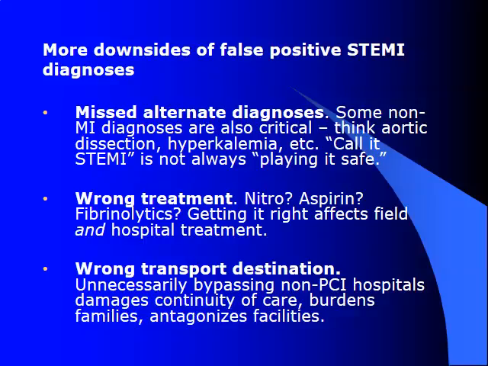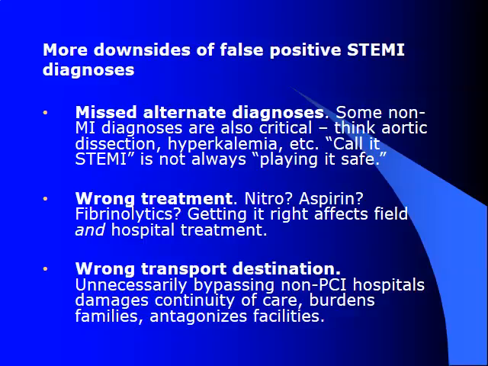Just calling it a STEMI to be safe is not necessarily the right call. It can also lead us down the path of the wrong treatment, whenever a patient shouldn't be receiving nitro and aspirin. Getting it right is going to affect the hospital treatment and our treatment as well.